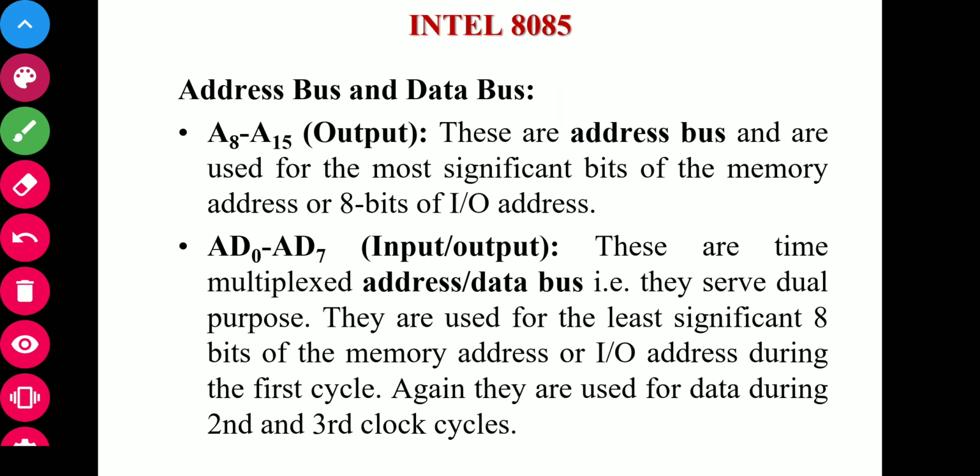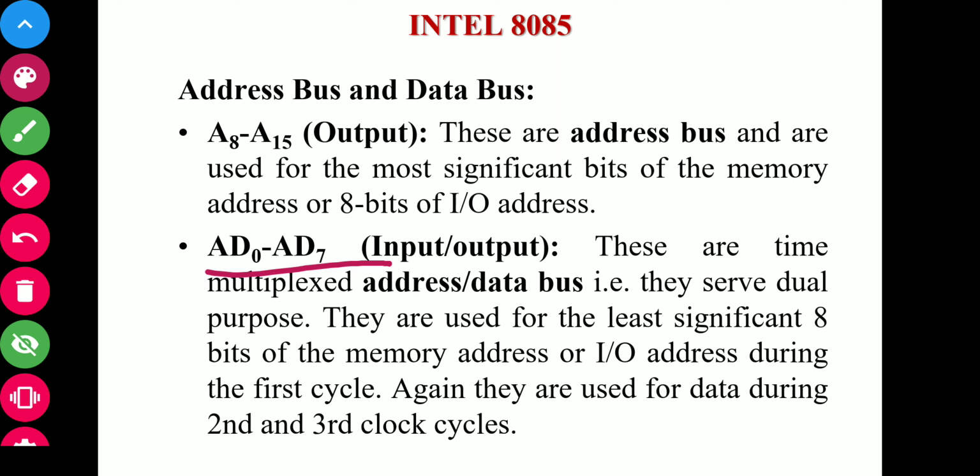Next, address bus and data bus. Here A8 to A15. These are all the address bus and are used for the most significant bits of the memory address or 8 bits of input or output address. Then AD0 to AD7, that is input and output. These are time multiplexed address or data bus. They serve dual purpose.